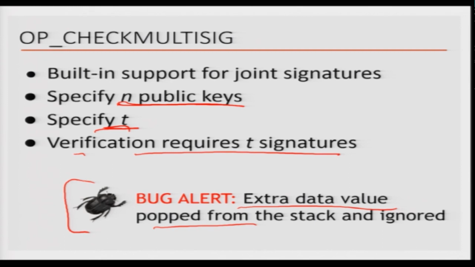But in this case they unnecessarily pop another extra value, and therefore, when you write your script, you have to add a repeat of that data value that gets unnecessarily popped, which is an annoyance, but it can be done.